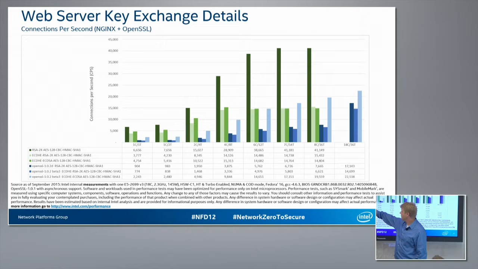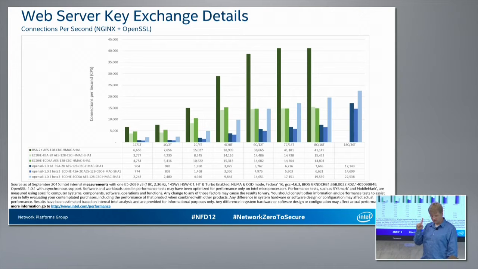For RSA2K, you can do 7,500 connections per second with essentially one physical core. In software, you can do 983. So RSA is very CPU expensive. It's very cycle expensive.